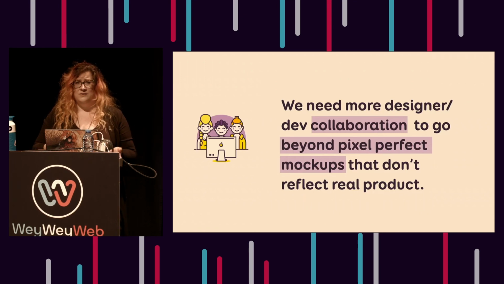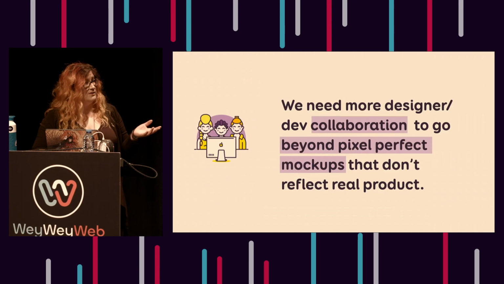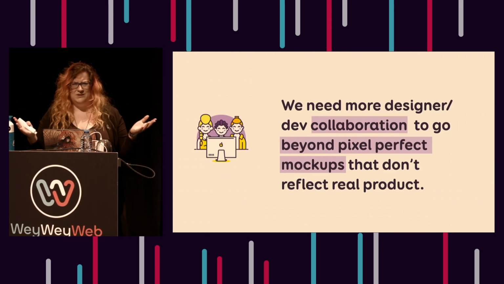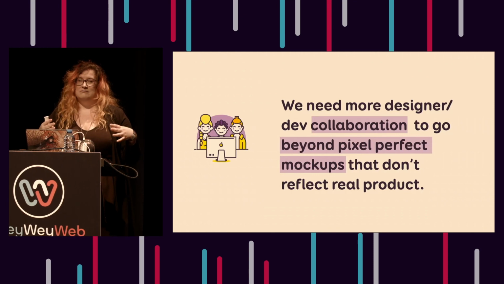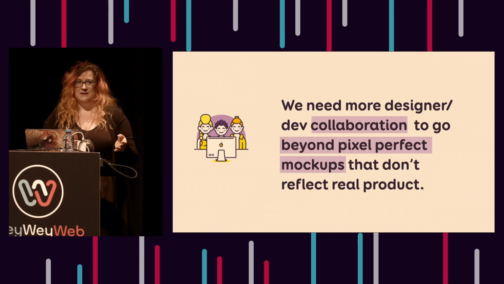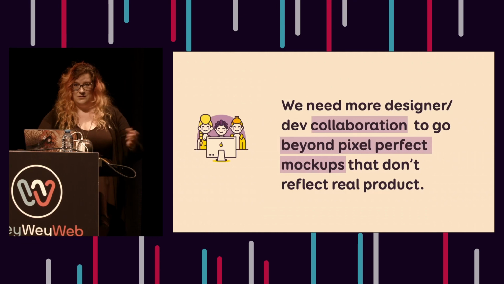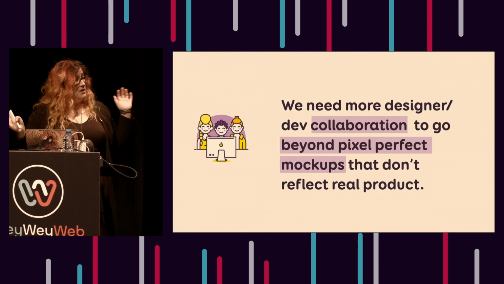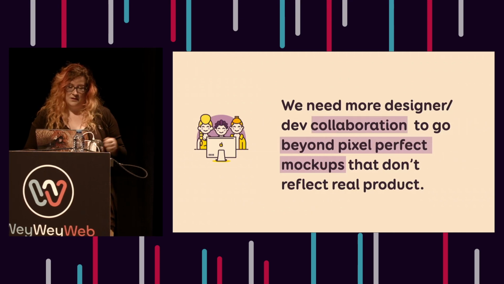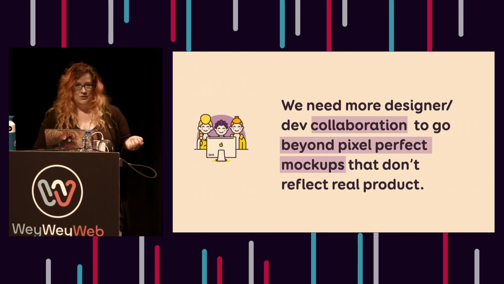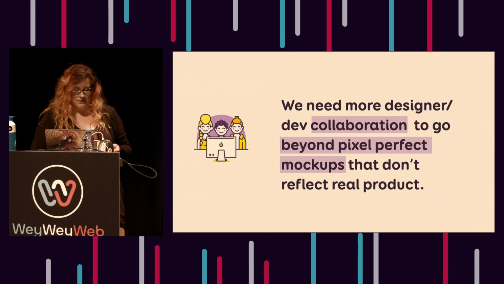Even though we have tools with variables and flexible stuff, we're still so obsessed with pixel perfection, and none of your users will experience your website the same way as another one. So let's go beyond this pixel perfection obsession and really try to understand how to go in the browser and make sure it reflects in the products.